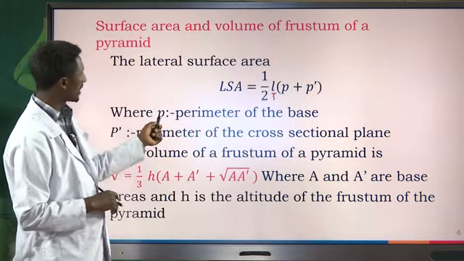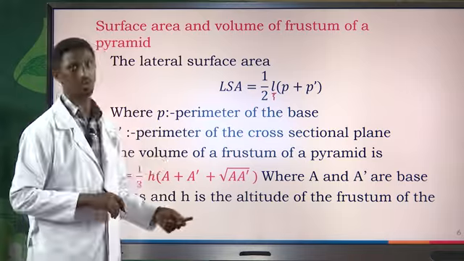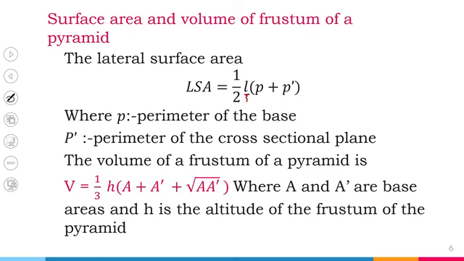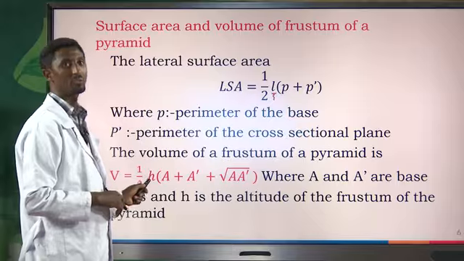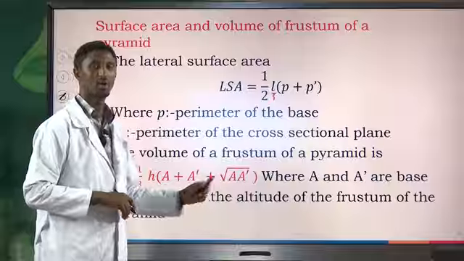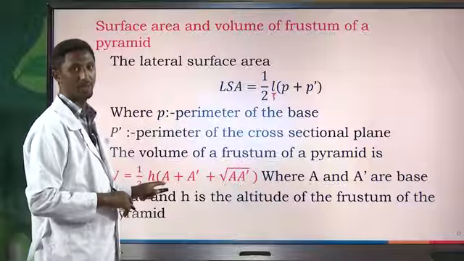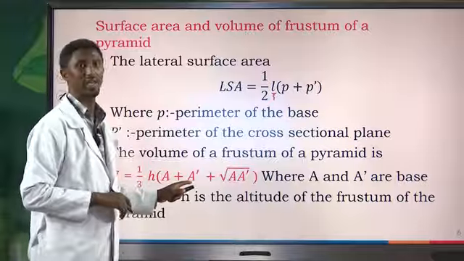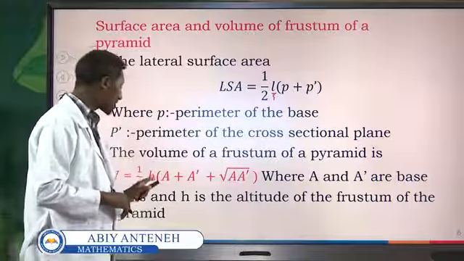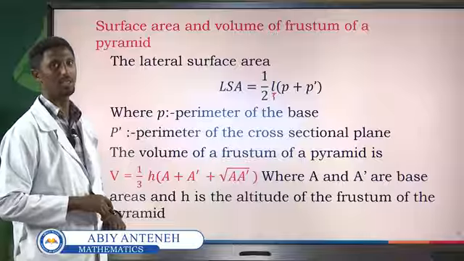Therefore, P is the perimeter of the base, and P prime is the perimeter of the cross-sectional plane. The volume of a frustum of a pyramid is given by 1/3 times H, A plus A prime plus the square root of A times A prime, where A is the area of the base, A prime is the area of the cross section, and H is the altitude of the frustum of a pyramid.